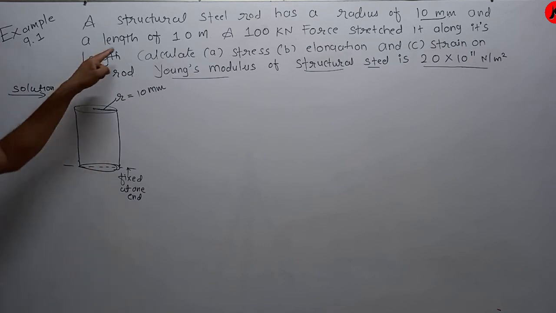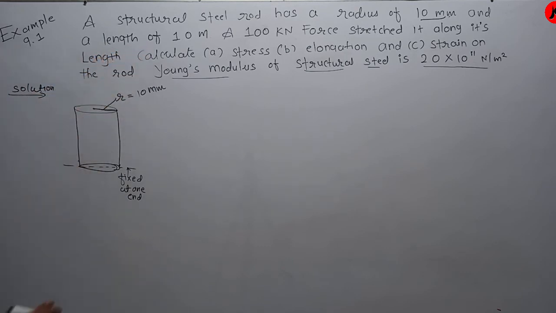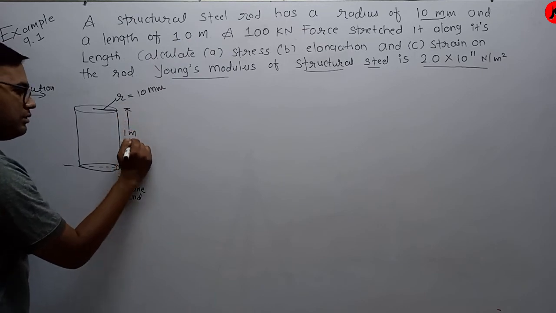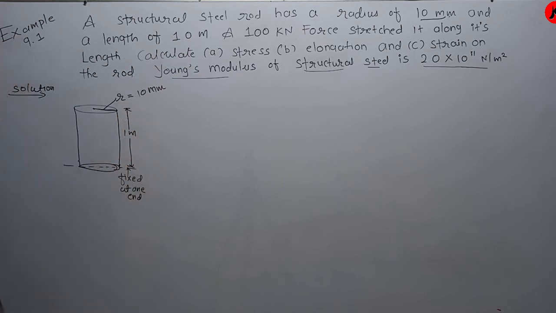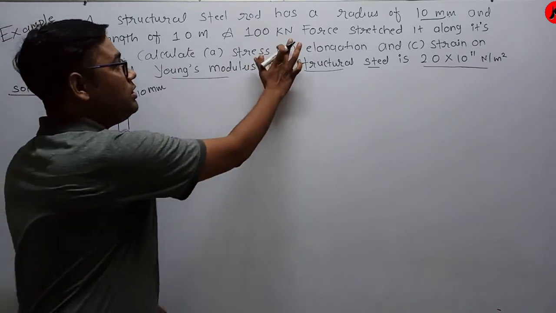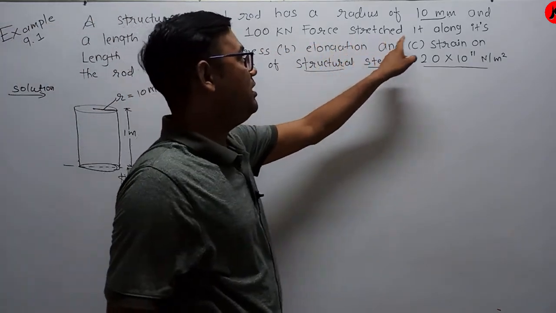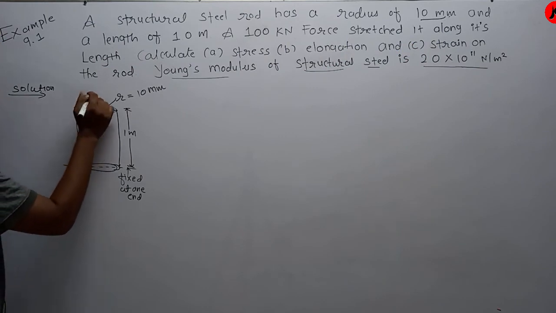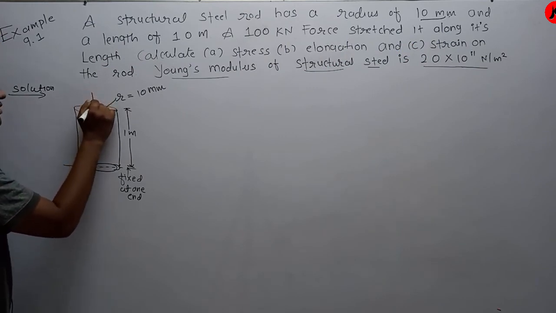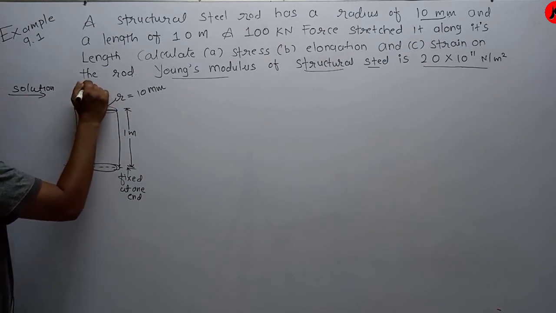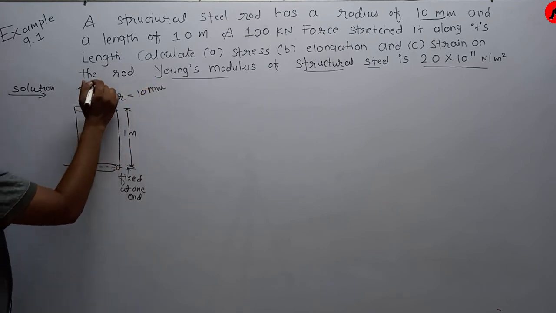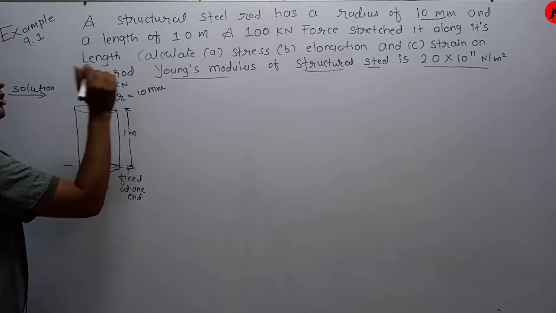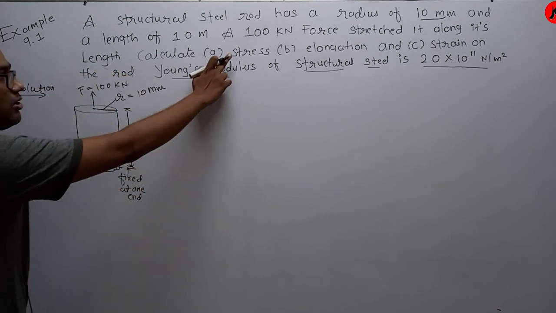The length of the steel rod is also given as 1 meter. And the 100 kilonewton force stretches it along its length, which means the stretching force is in this direction, F, and the value of F is 100 kilonewton.